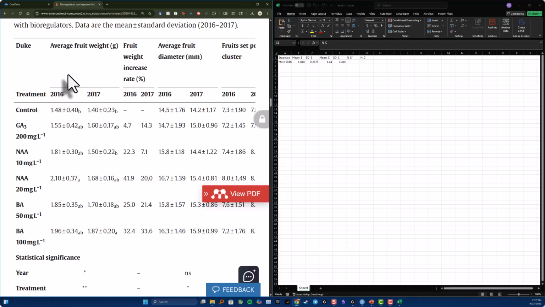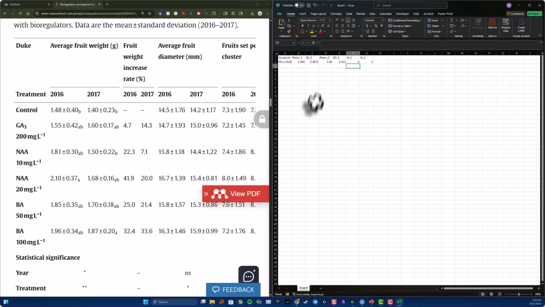In our case, if we're just looking at Duke, a single cultivar, there would be 2 observations for the control, with an application in 2016 and a second application in 2017. So for the control, we have 2 observations. For cytokinin, since we're grouping the 50 ppm and 100 ppm together, we have 4 observations: 2 in 2016 and 2 in 2017. So the answer here would be 4.